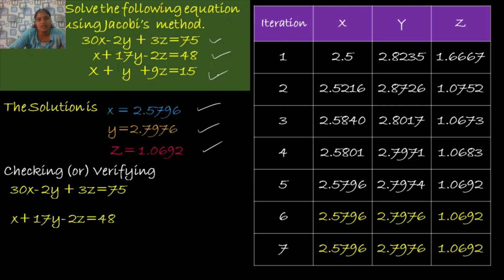Substitute and verify whether the left hand side values are equal to the right hand side values 75, 48 and 15. These values don't always give you an exact answer, but you get approximate values, that is nearby values.